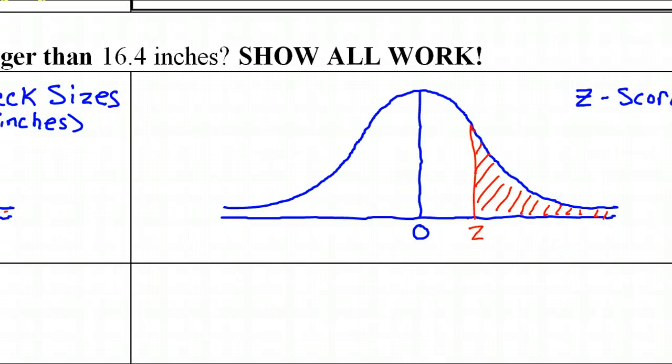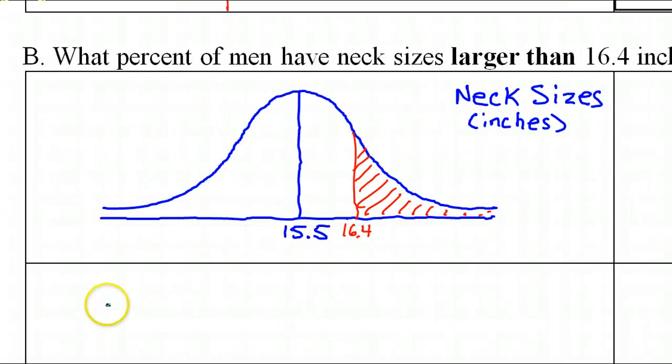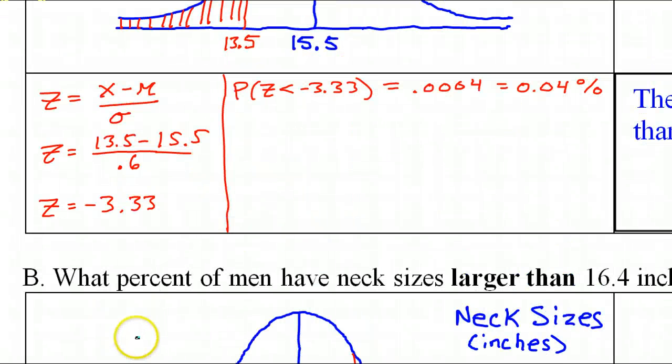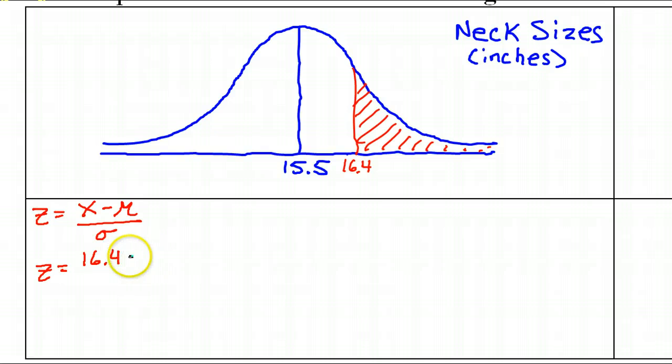Now once again we can calculate this z-score using the same formula we used for part B. Namely, the z-score is equal to the neck size minus the mean divided by the standard deviation. So my z-score is going to be 16.4 minus 15.5 divided by 0.6.